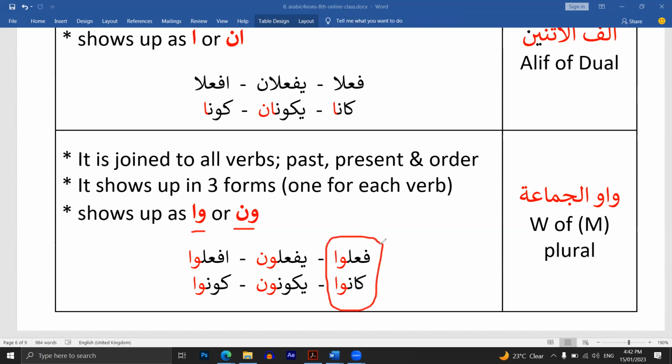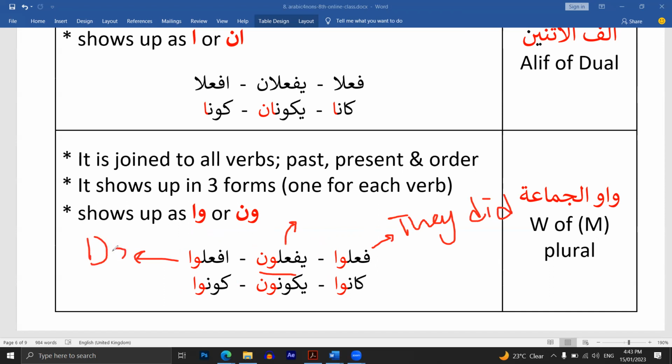Here, waw plus alif in both past and command, and waw plus noon in only what? Present. فعلوا, they did. The same translation, but this time I'm talking about group of males. فعلوا, يفعلون, they do. افعلوا, command, do.